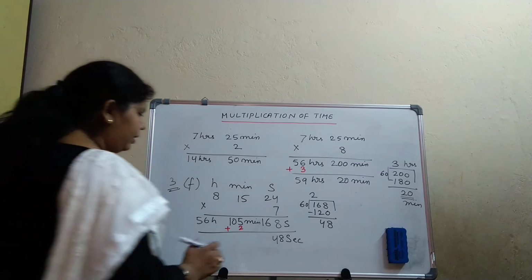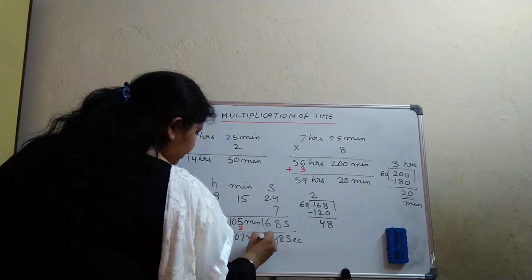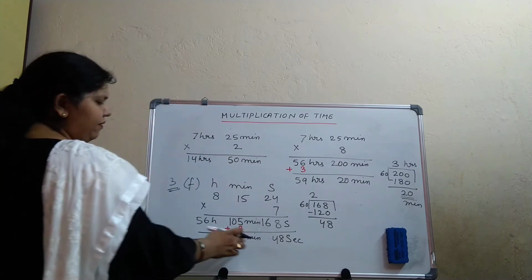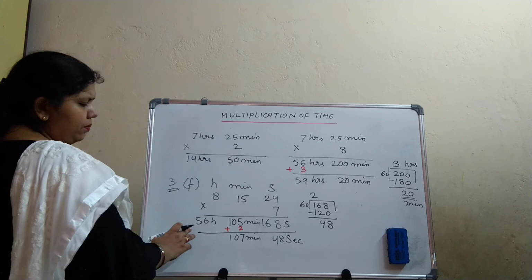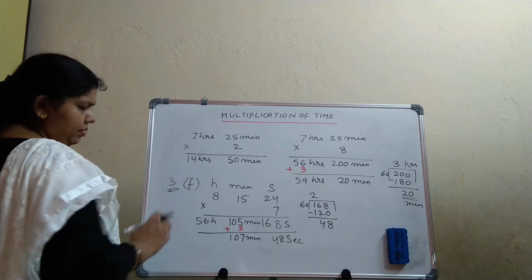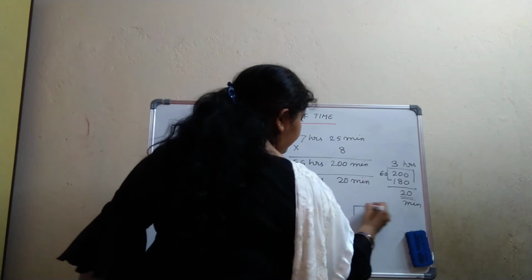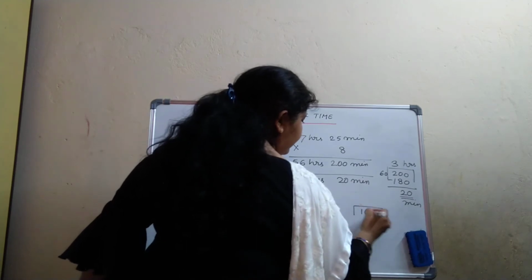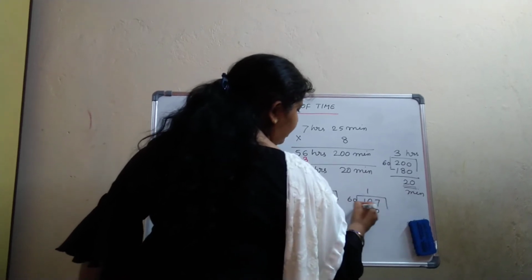What did I get here? 107 minutes. Now 107 minutes again you can convert into hours and minutes. So again you divide 107 by 60. If we divide 107 by 60, what do we get? 60 ones are 60.